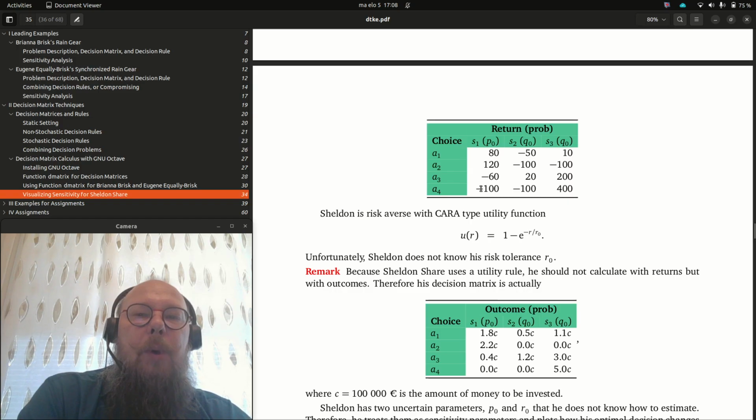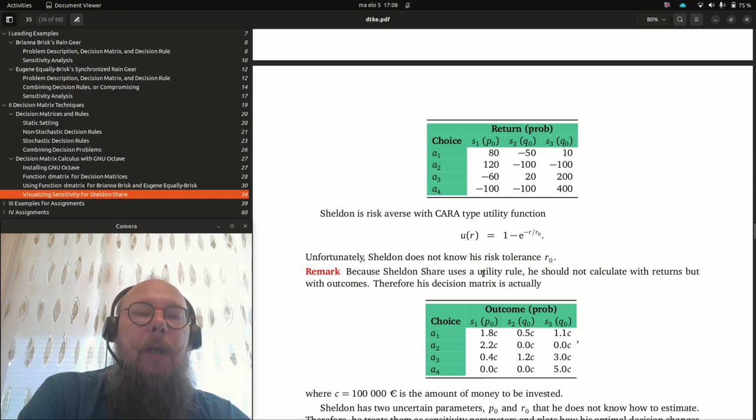Here minus 1% return means that everything is lost, so you will get 0. 400% return means that it's 5 times the original amount, so 5.0 times C. So this is essentially this matrix, but not with returns, but with actual outcomes, actual money earned from investment of C, 100,000.